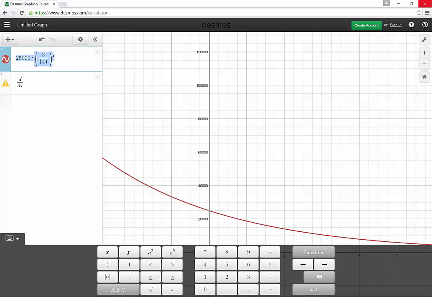Okay, so there is our, oh nice, so we've got our derivative, and we've got our derivatives in blue.